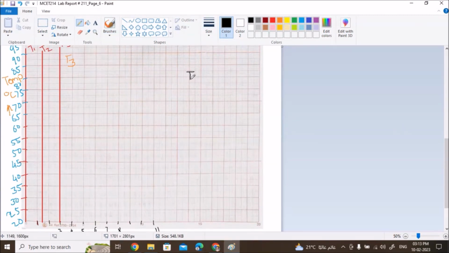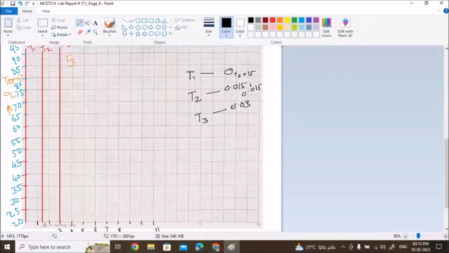We started T1 from 0, so the distance for T2 is plus 0.015, and I make this line. Now for T3, again the distance is the same, 0.015. So the addition of these two is 0.03, and I mark the line at 0.03 here.